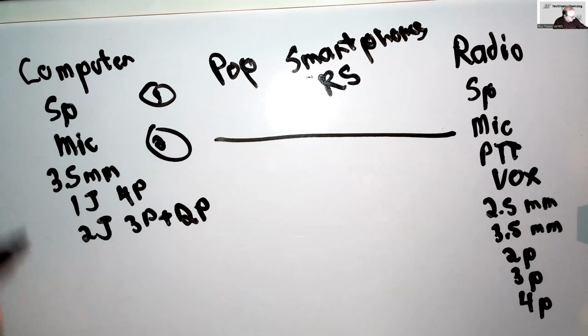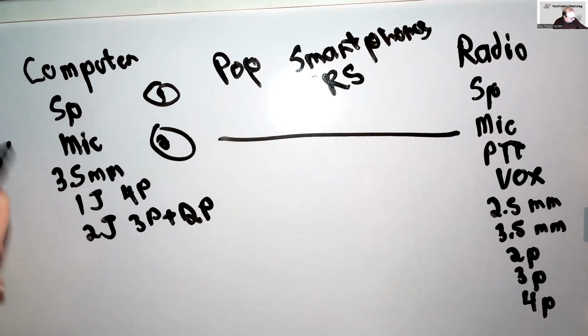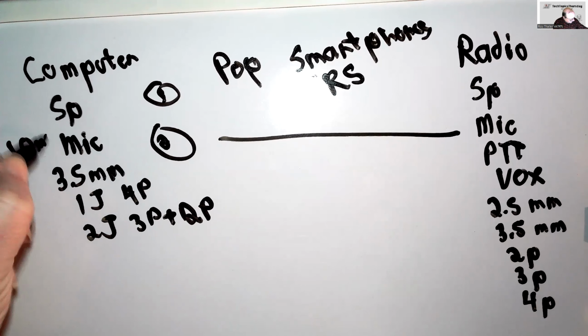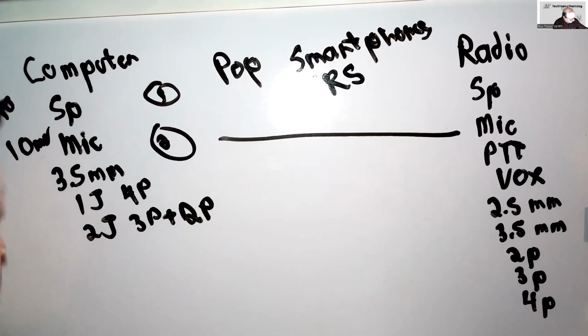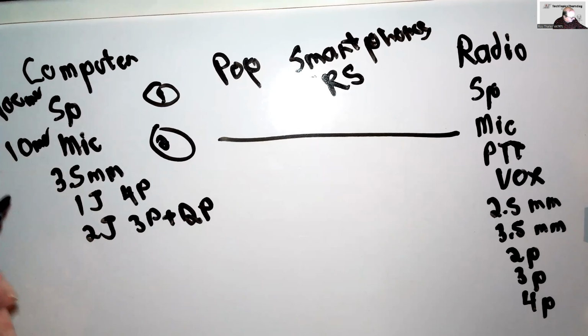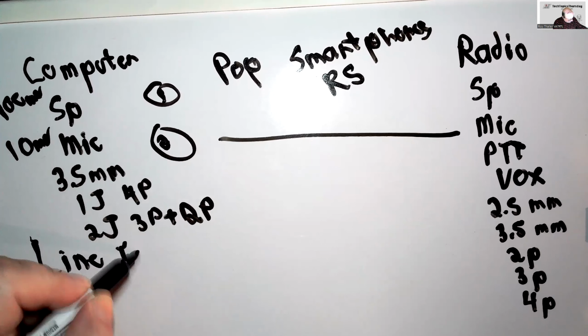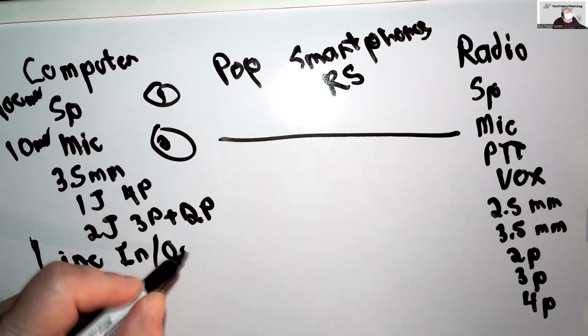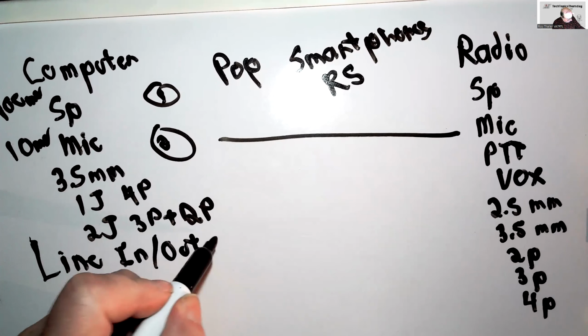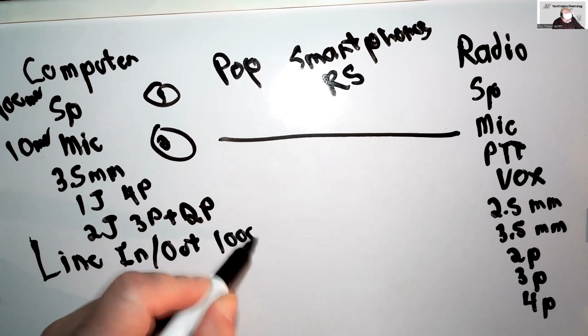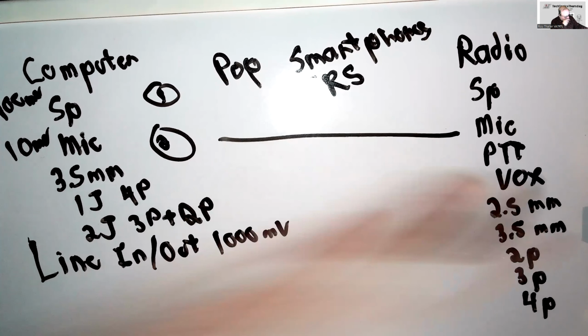So, when your mic might be 10 millivolts, your speaker might be 100 millivolts, and then some computers have a line in and out, which might be 1,000 millivolts. And if you happen to plug the thing in the wrong way, you can blow up something.